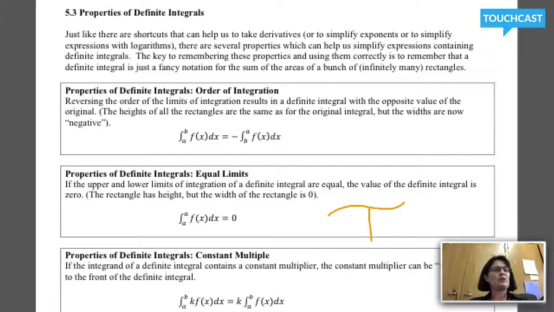So if I told you I wanted to know the integral from negative 3 to negative 3 of some crazy function g of x dx, you know, since the lower limit and the upper limit match, the result is 0.